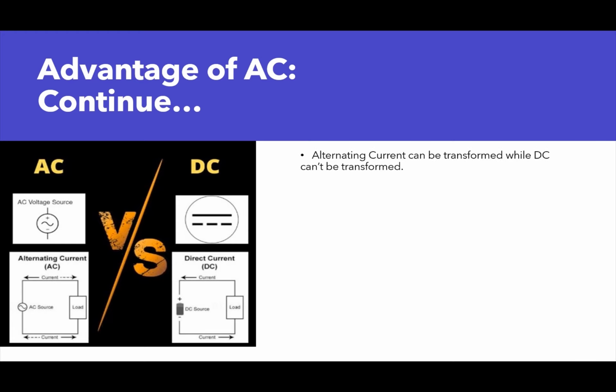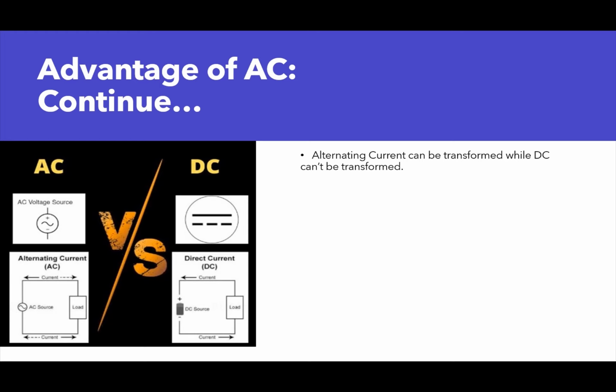Alternating current can be transformed while DC cannot be transformed. What does that mean? For DC current to be transformed, we need a lot of transformers to step it up and step it down. It's too many, it would cost a lot of money, and it's almost impractical, as per Nikola Tesla when he disagreed with Thomas Edison.